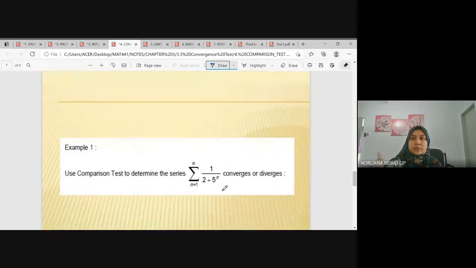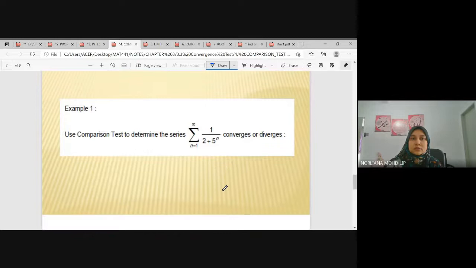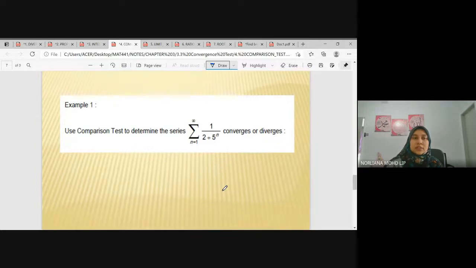Okay, example. Use the comparison test to determine the series 1/(2 plus 5^n), whether the series converges or diverges.